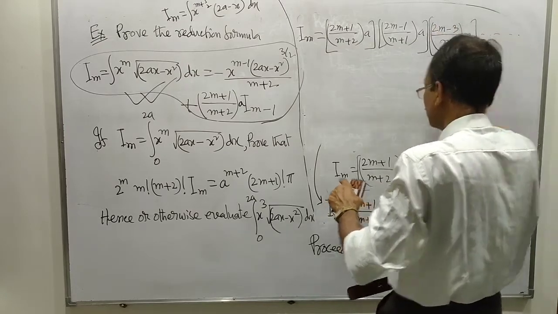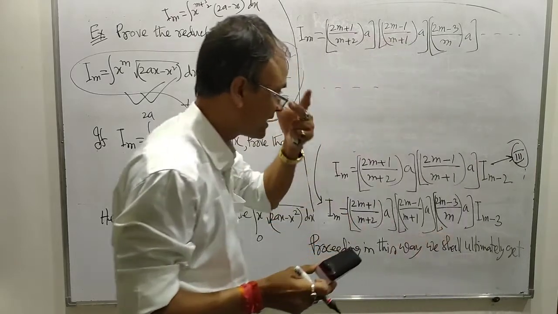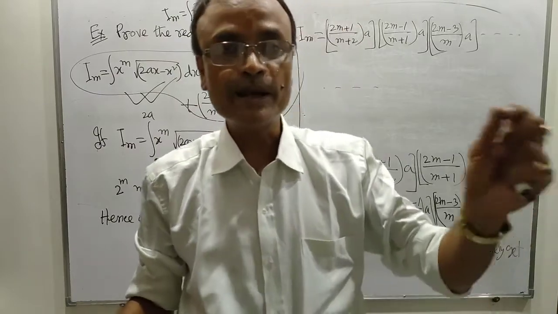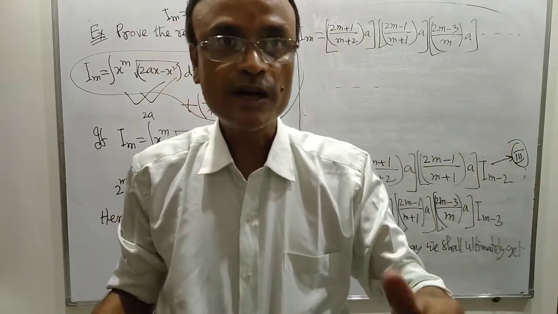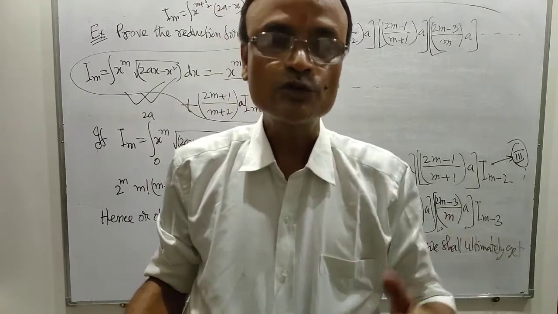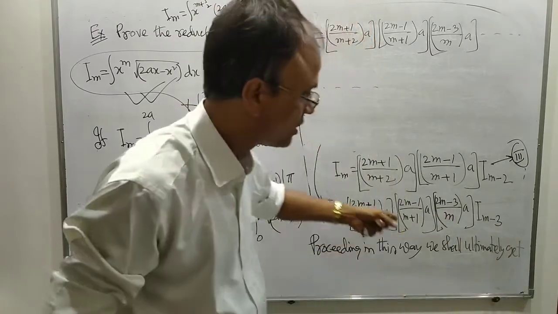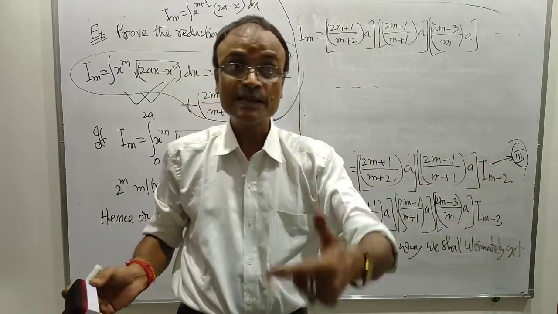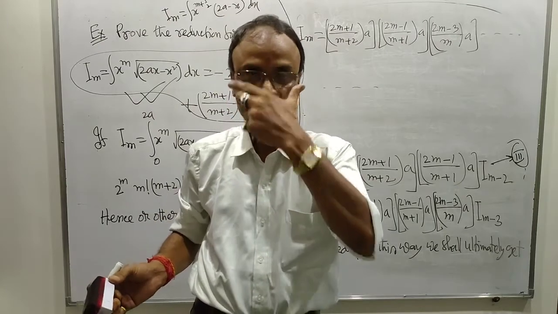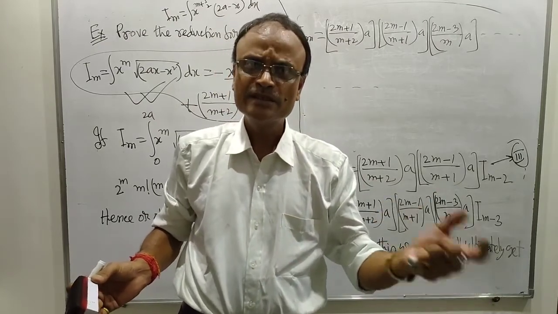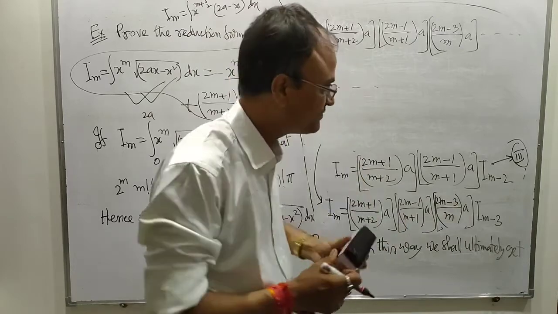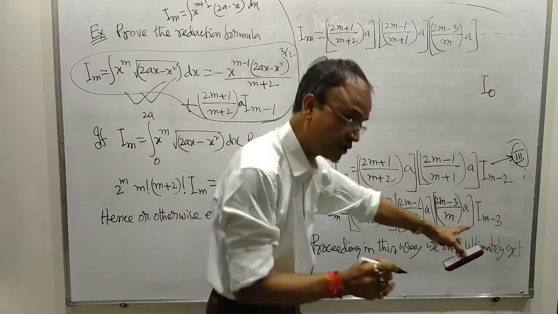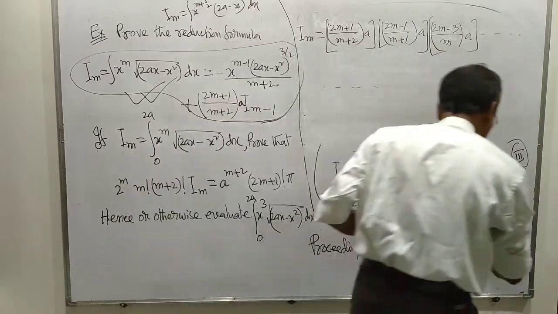In this way, the last term will be m minus 3, next term m minus 4, next m minus 5; it will be reducing by 1. Ultimately you will get m minus m, and m minus m means I_0. Finally you will get I_0 here.